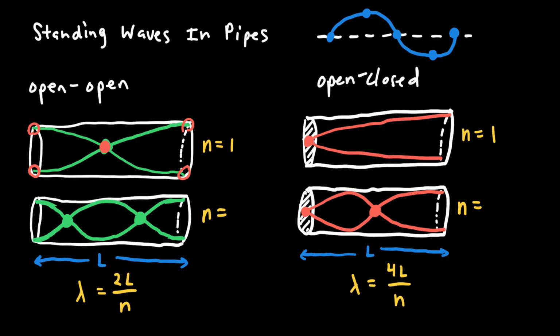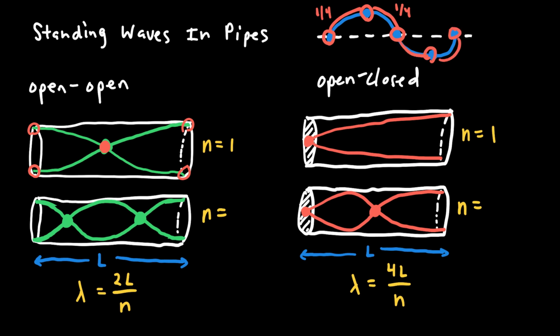So let's look up at the blue wave that I have drawn above. If a wave starts at equilibrium and goes to its maximum displacement, that's 1/4 of the wave. If it then goes back to its equilibrium, the length between these 2 points here would again be 1/4 of the wavelength. So each one of these things is 1/4 of the overall wavelength.